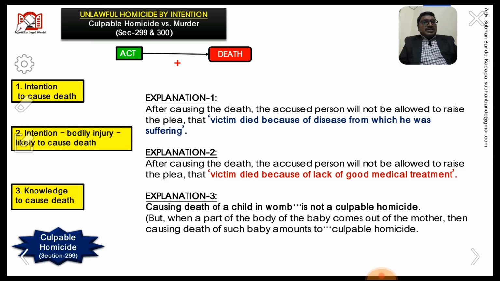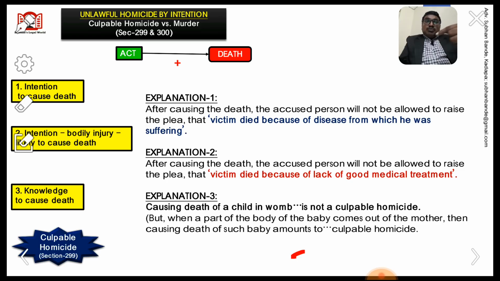The third explanation is, causing the death of a child in the womb is not culpable homicide. But when any part of the body of the baby comes out of the mother, then causing the death of such an infant amounts to culpable homicide.